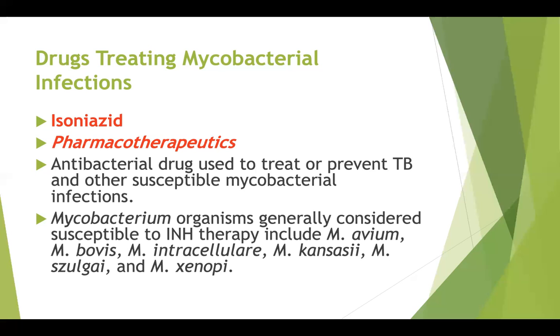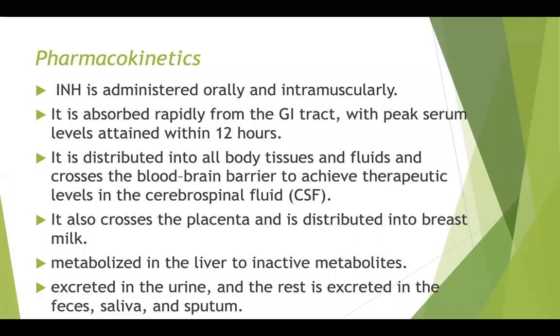So the first one is isoniazid. It is an antibacterial used for the treatment of tuberculosis and susceptible mycobacterium infections. It can also destroy mycobacterium organisms like avium, bovis, intracellulare, kansasii, and a couple of others whose pronunciation I'm not sure of.